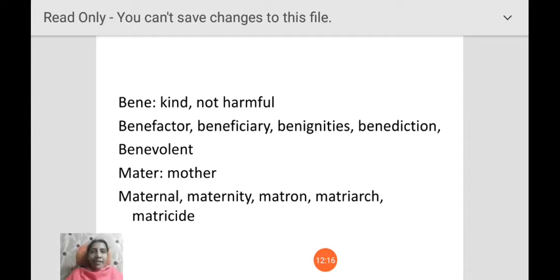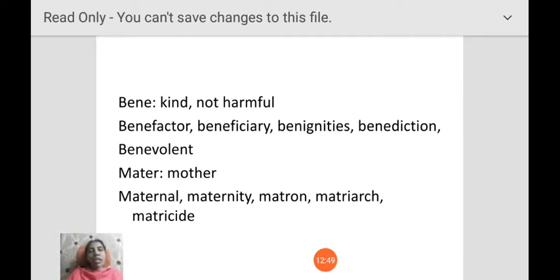Mater is mother. Mother gives maternal, maternity, matron, matriarch, matricide. Maternal means something related to the mother side, the lineage of the mother, from the mother, maternal uncle, my maternal aunt, in that way.